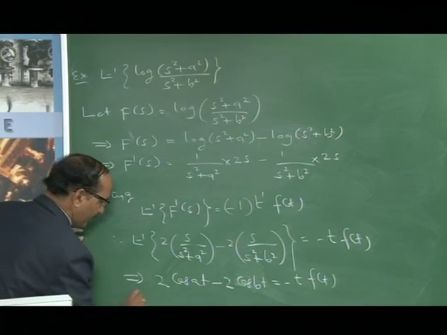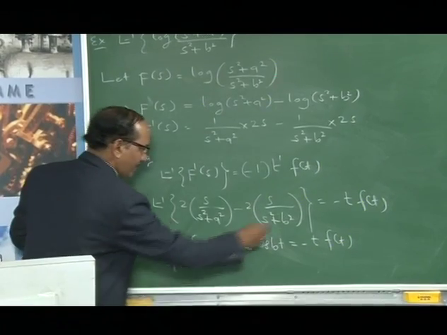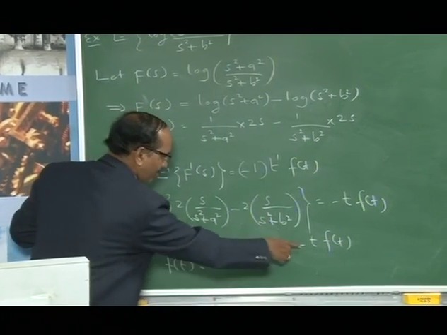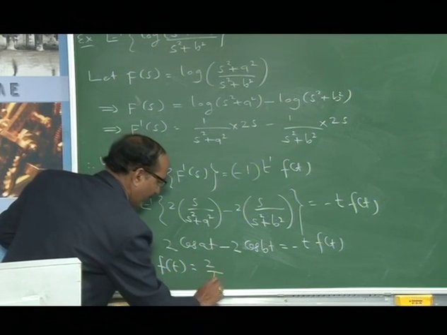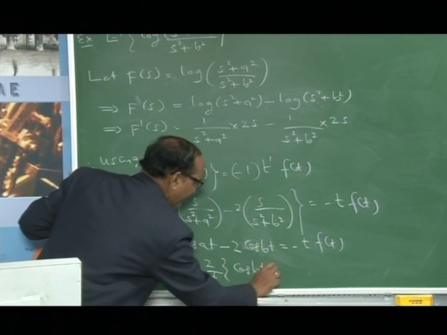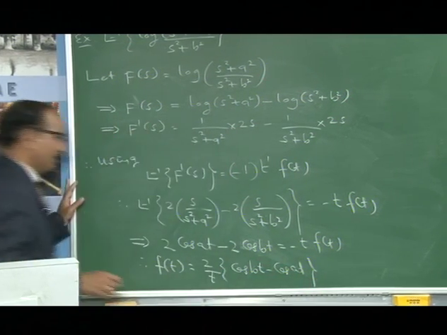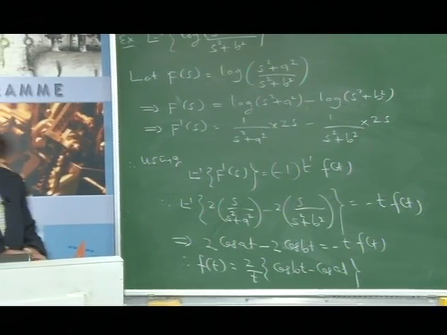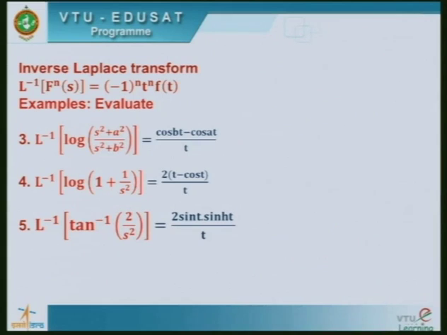Therefore, f of t is equal to, dividing by minus t and interchanging the terms because of the minus sign, 2 divided by t into cos b t minus cos a t. So, that is the inverse transform of log of s square plus a square divided by s square plus b square. So, similarly you can try for the other examples.